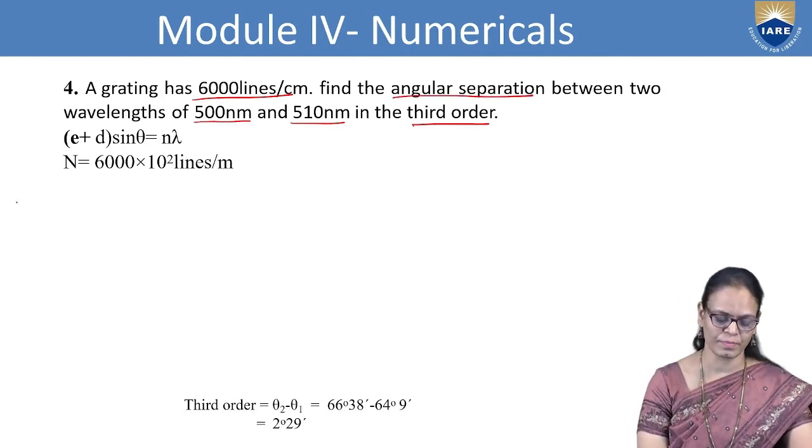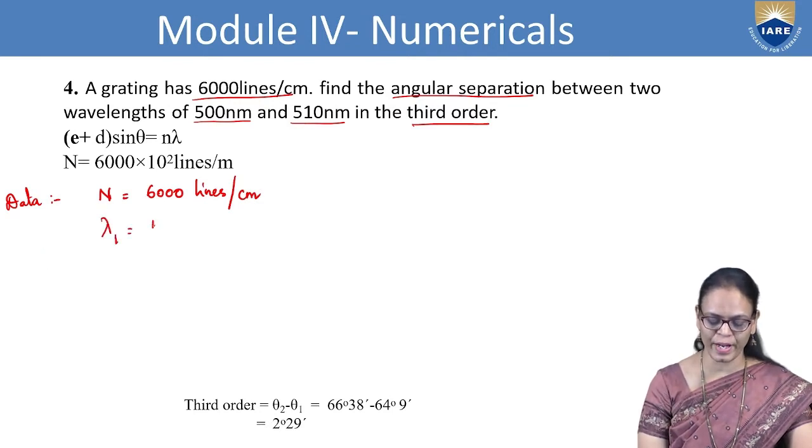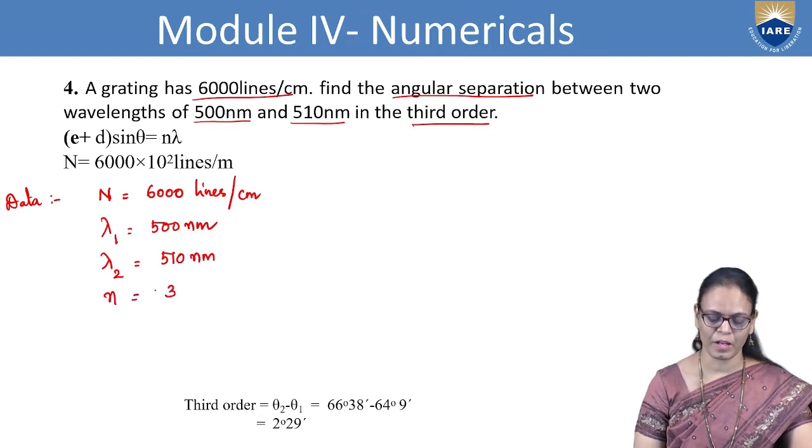Write the data first. Capital N is 6,000 lines per centimeter, and lambda 1 is 500 nanometer, lambda 2 is 510 nanometer, and the order is 3. What we have to calculate is the separation.